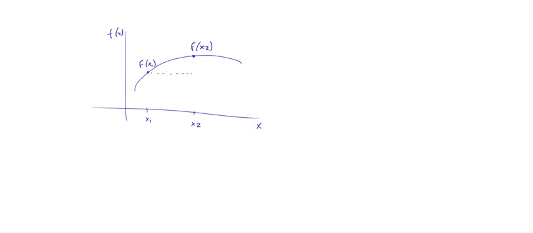So in this interval, x2 minus x1, this function has changed this much. So this is f of x2 minus f of x1, and we typically represent this like this: delta. This is the Greek letter delta, the capital one. And then delta f with respect to delta x, the increase in f relative to the increase in the variable.